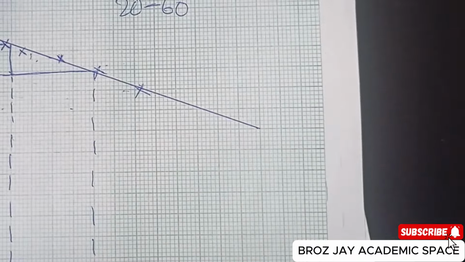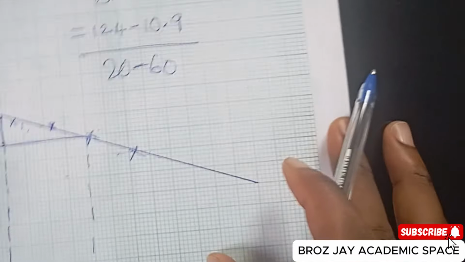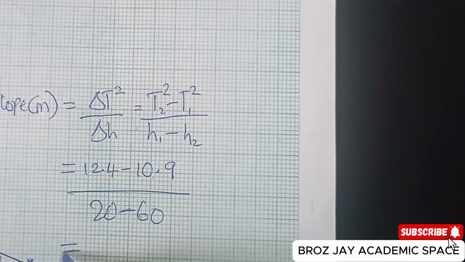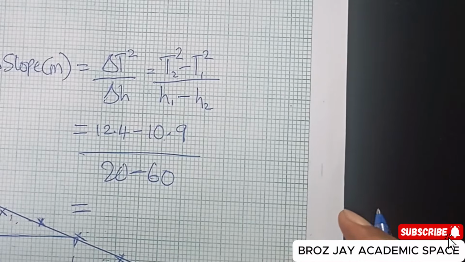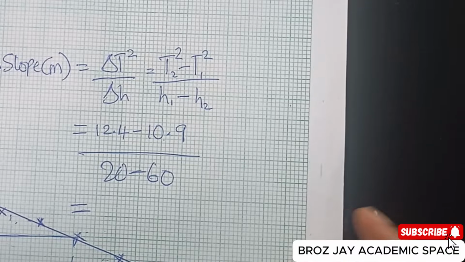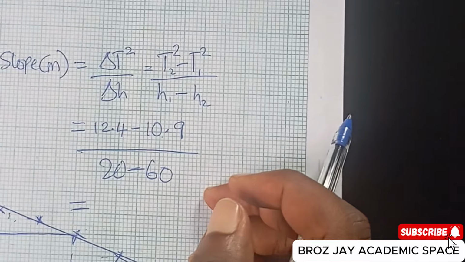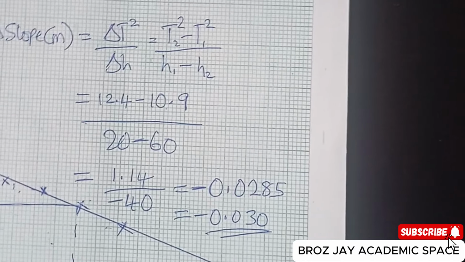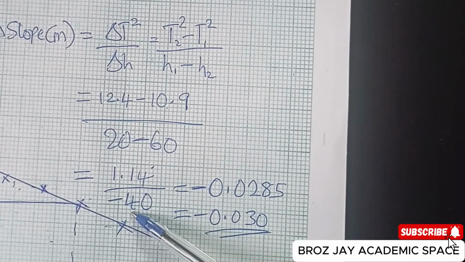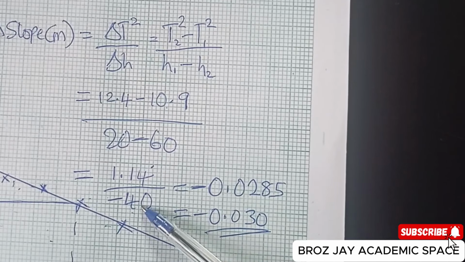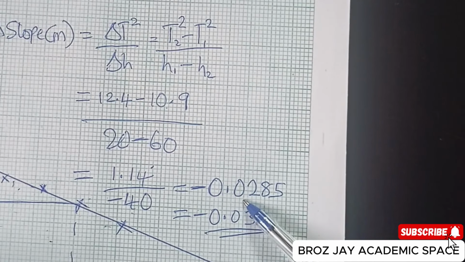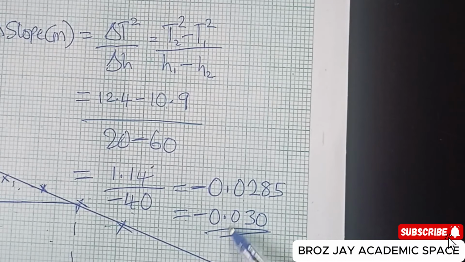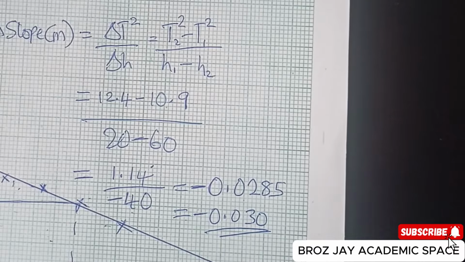If you check your line well, please, you must not have the same slope as mine. Don't copy and paste. Try this yourself. So therefore we have what? If we use our calculator, after punching our calculator, we'll have this minus this will be this. So this will be equal to 0.00285. So I approximated everything. I'll have m is equal to minus 0.030. So that's your slope.